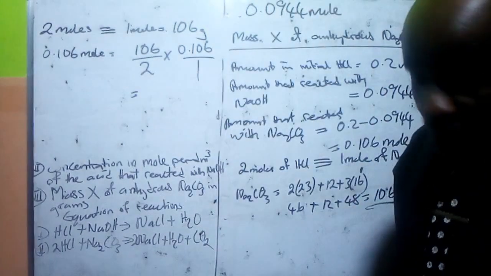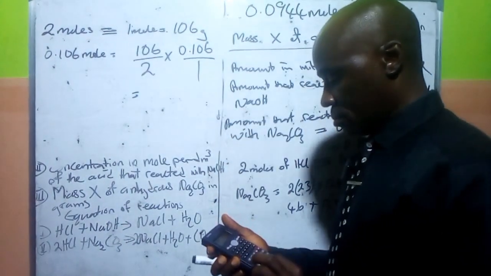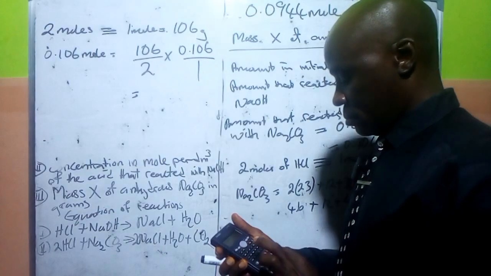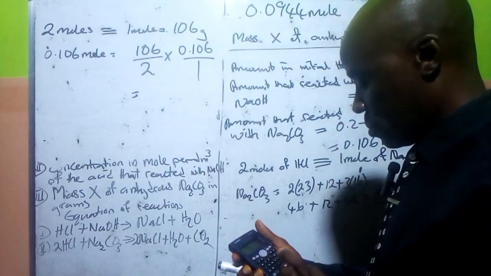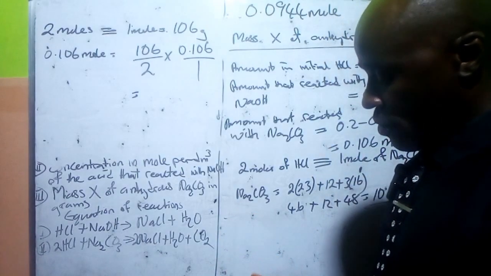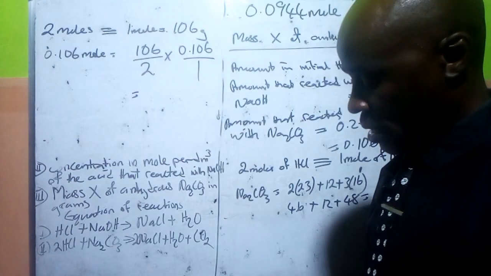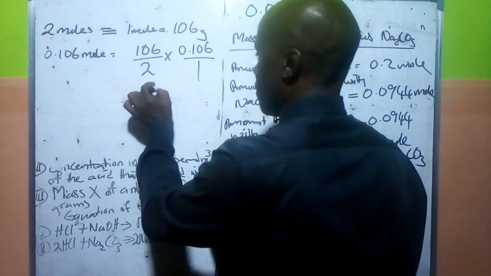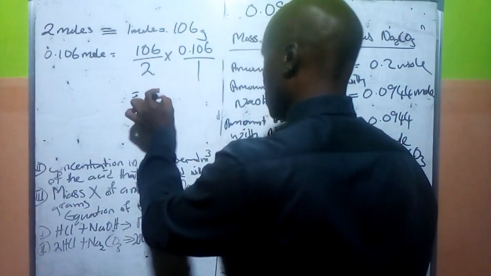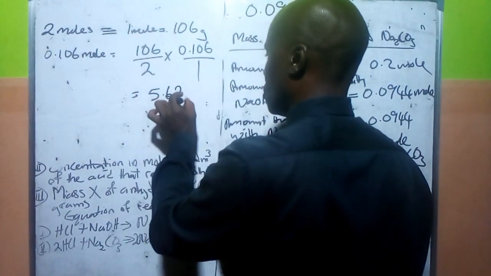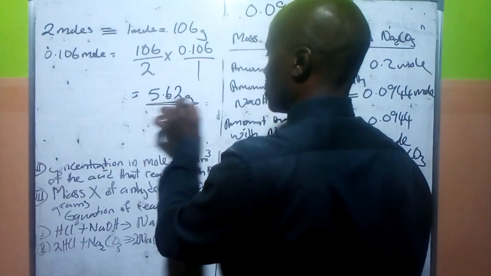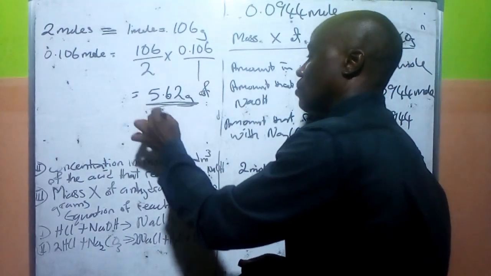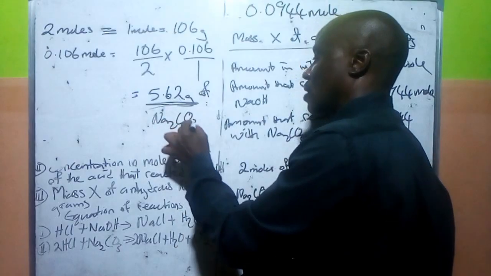So now when we do that, divide by 2, we have the mass is approximately 5.62 grams of sodium trioxocarbonate 4.